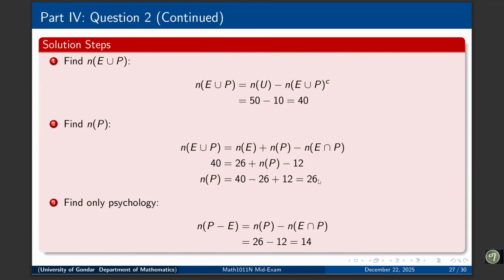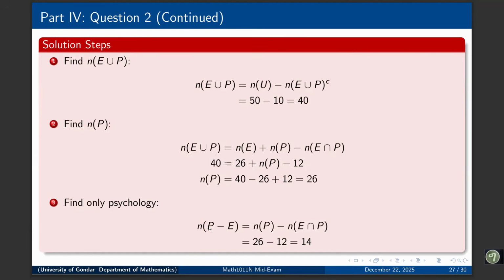But our question is just to calculate the number of students taking only psychology without taking economics. So to find the number of students who take only psychology, the number of P without E is equal to the number of P minus the number of the intersection of the two. The intersection of the two is given, that's simply 12. And the number of P, the total number of P including those taking both, we have 26 here.